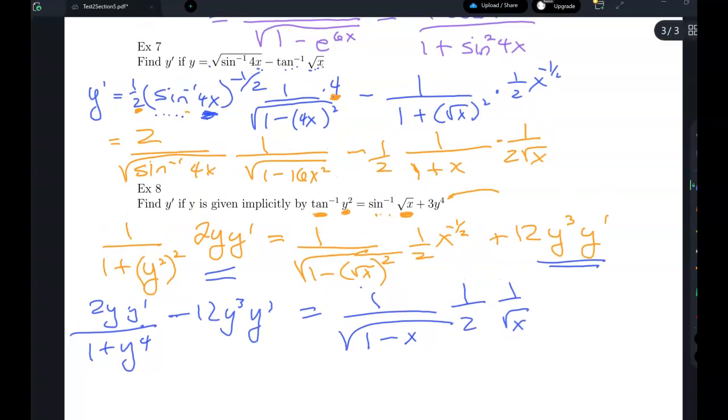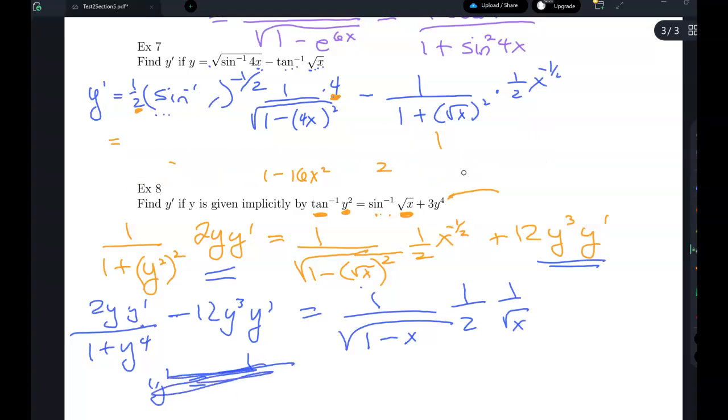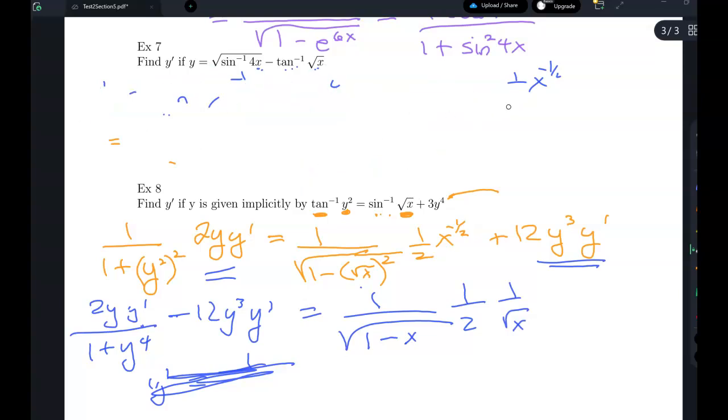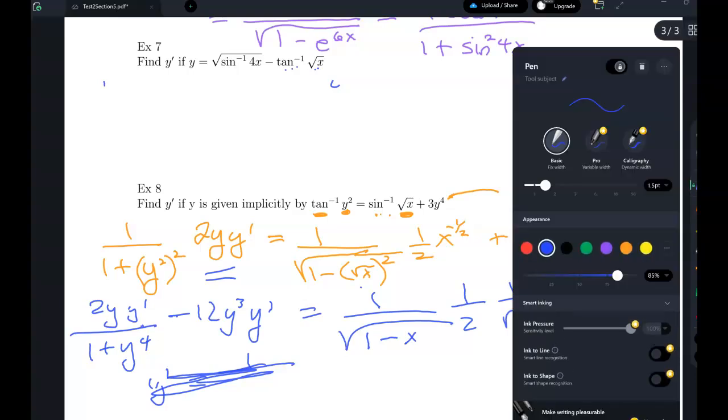All right, so then I'm going to factor out a y prime and divide by that stuff, right? I'm going to need some more room, aren't I? So let's put it up here. I'm out of paper down there. Okay, so factoring the y prime out of the left-hand side.